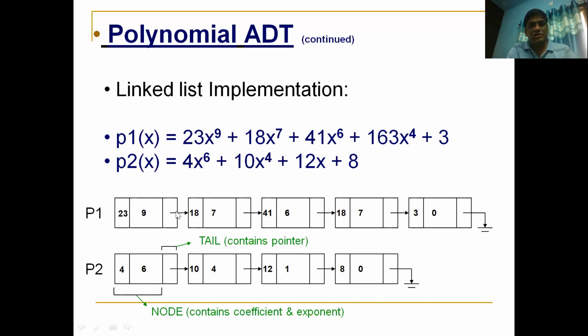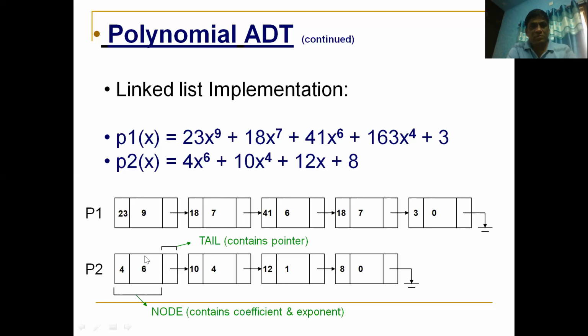Then we link that node to the next node, which contains the coefficient and exponent of the second term, and so on. If there is no next term, then you simply link it to a null pointer. So this represents the null pointer.